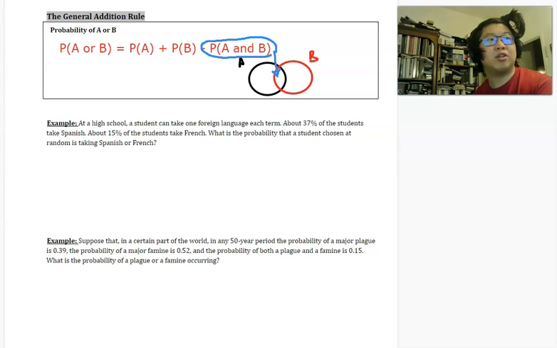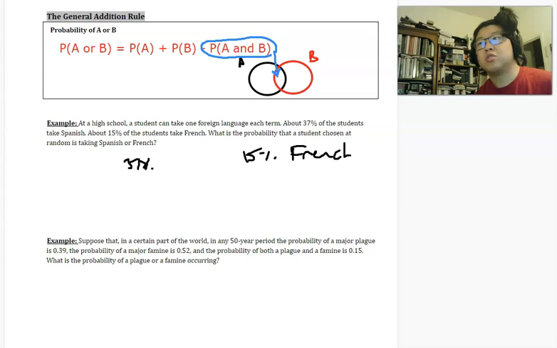So, 37% take Spanish and 15% take French, out of the whole school. What is the chance that they take Spanish or French?